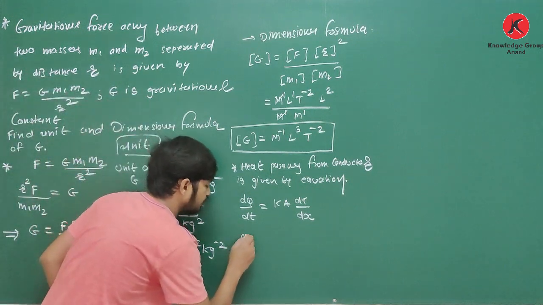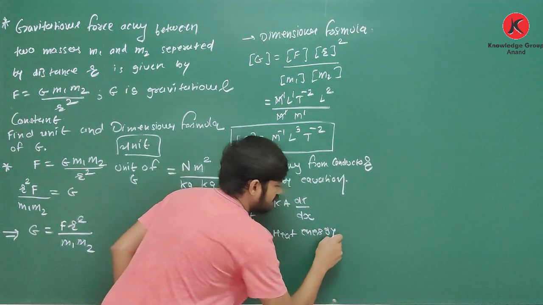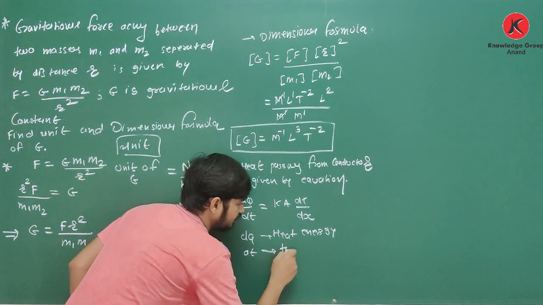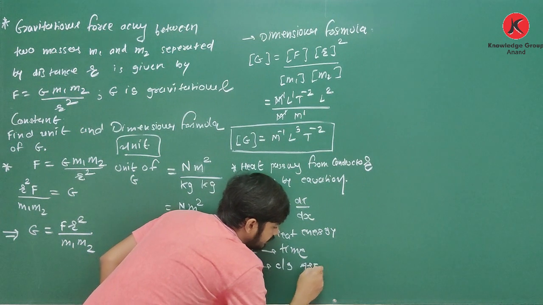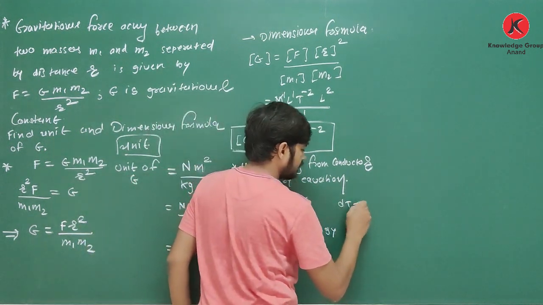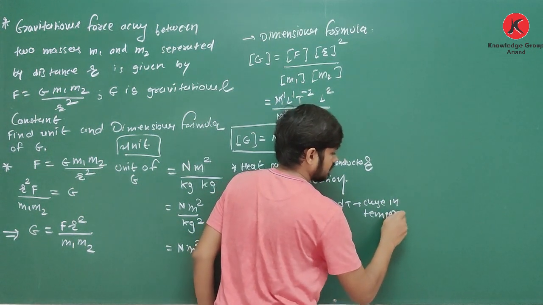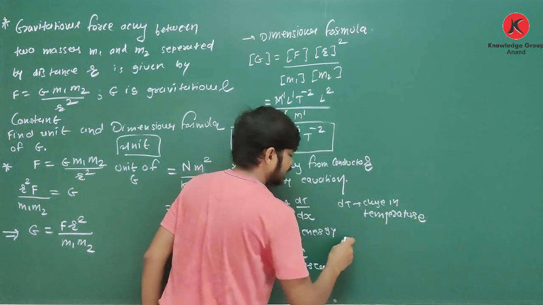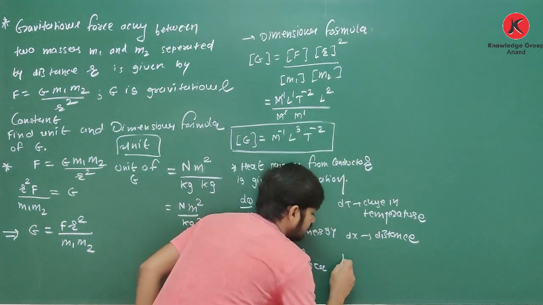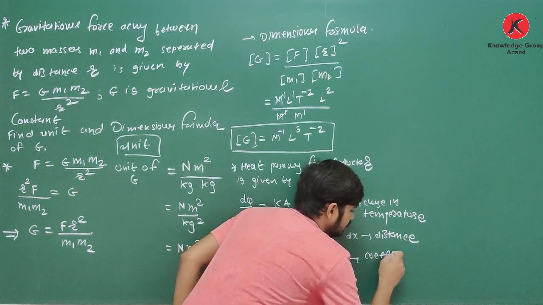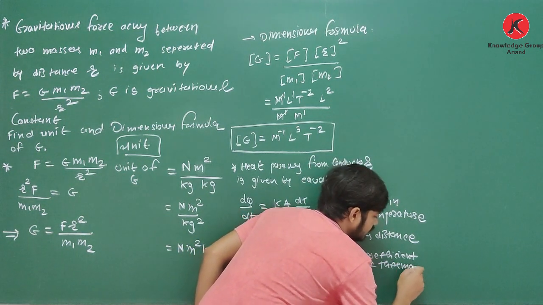Where dQ is heat energy, dt is time, A is cross sectional area, dT is change in temperature, dx is distance, and K is the coefficient of thermal conductivity.